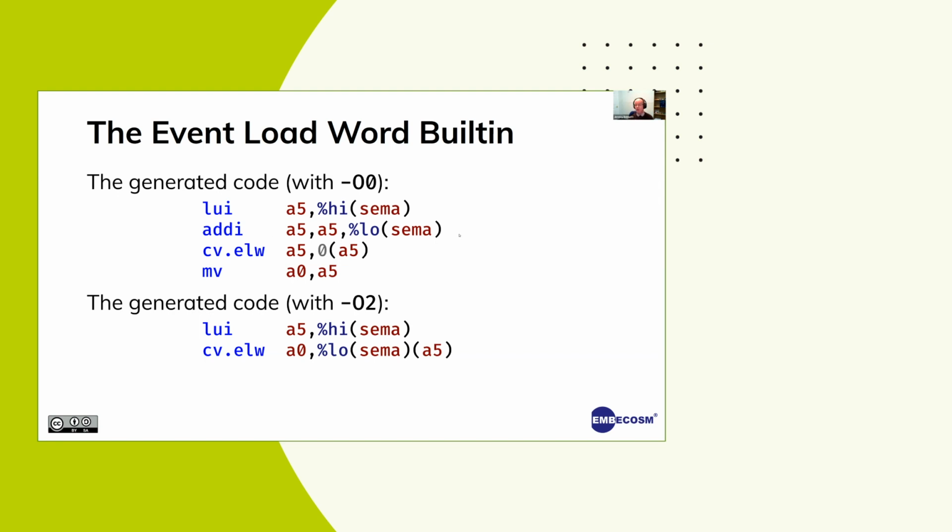And so now A5 holds the address of SEMA. Then we can call cv.elw with an offset 0 on that address, loading into A5, and then because the result of a function goes to A0, we have to move the result into A0.